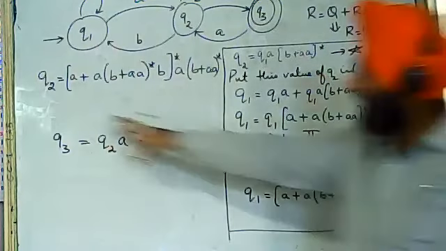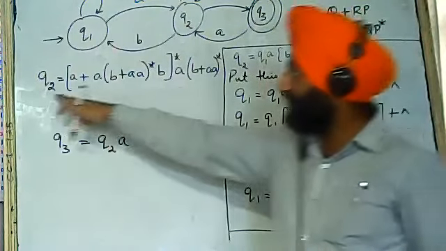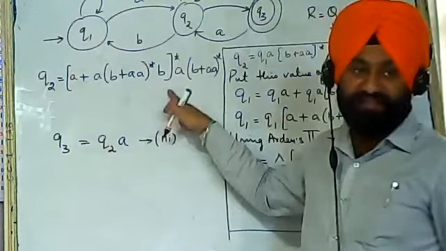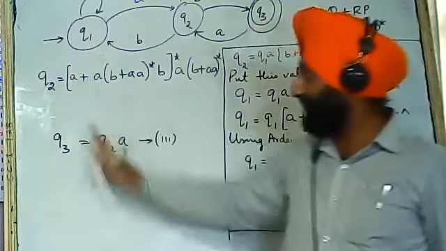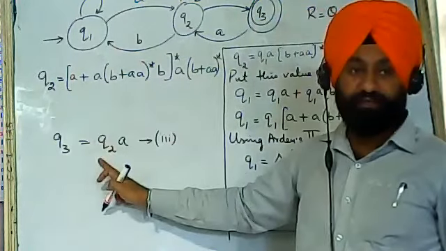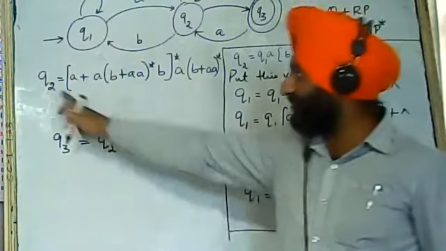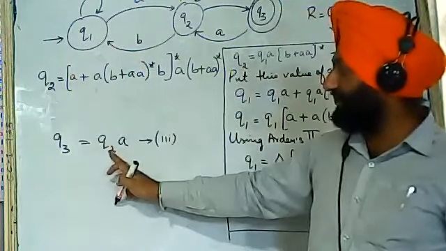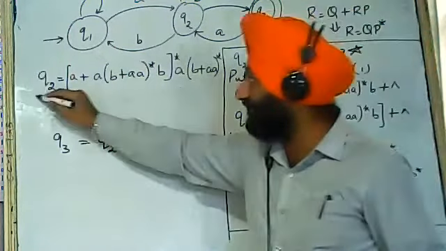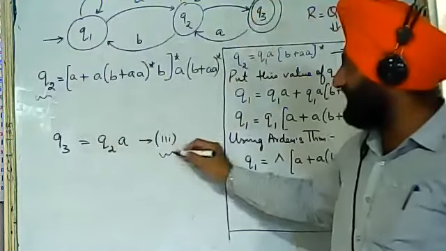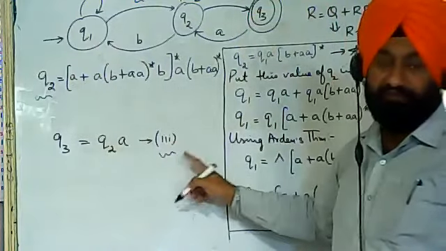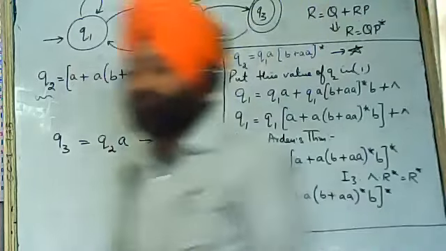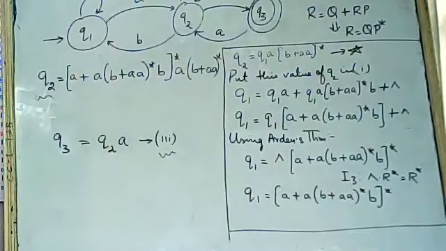Now you have seen that your Q2 is free from states. Now put this value of Q2 into number 3 equation. From that you will get your final solution, right?